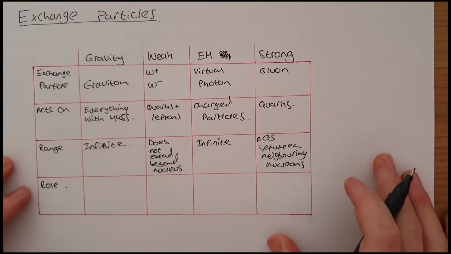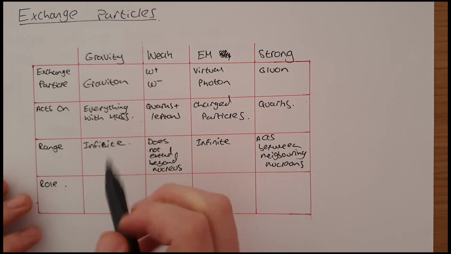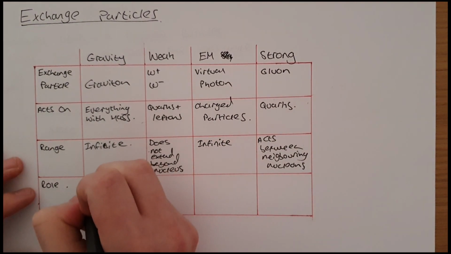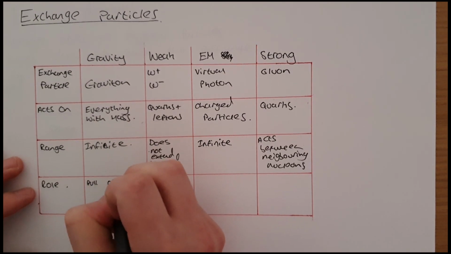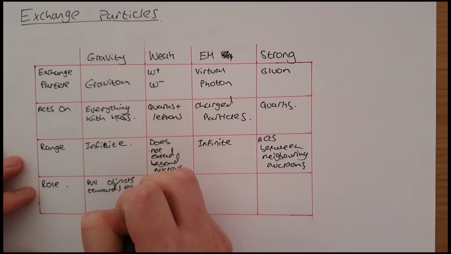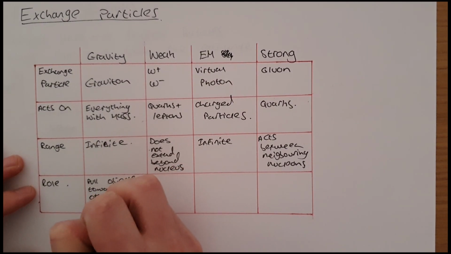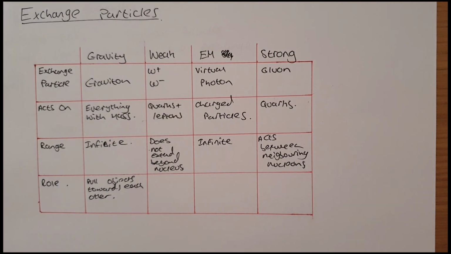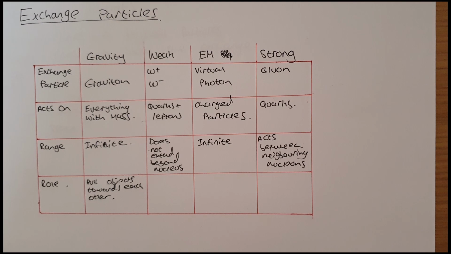Now, they all have different roles. Now, the role of gravity is to pull objects towards each other. Now, gravity ensures that stars and galaxies remain together. It keeps the star intact.